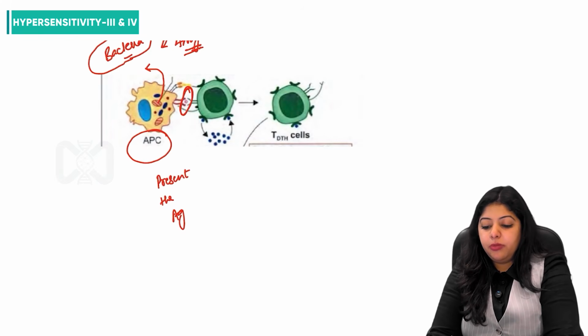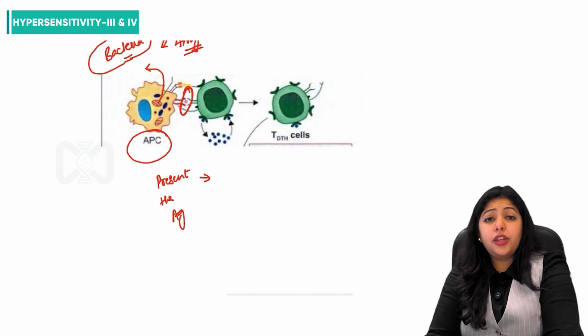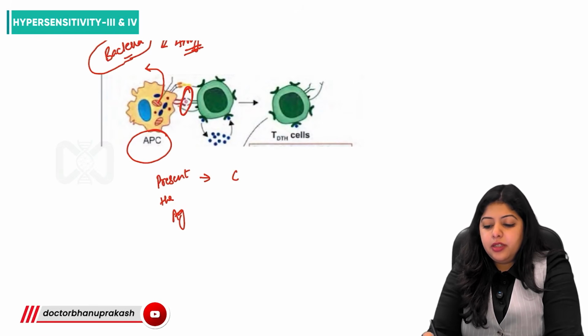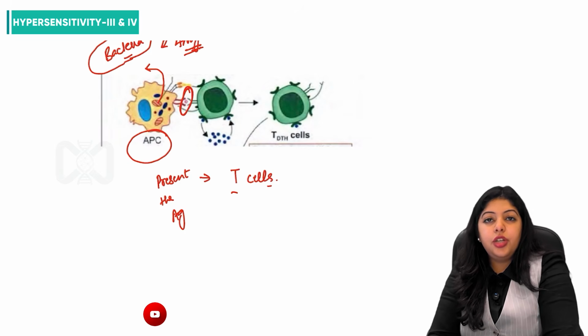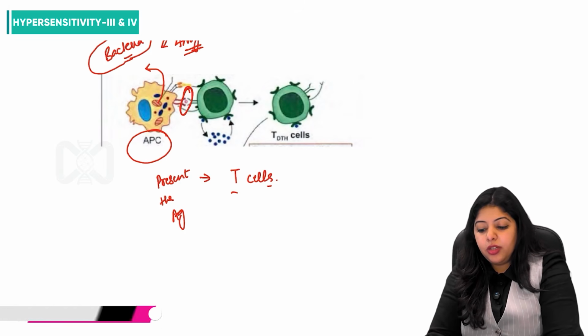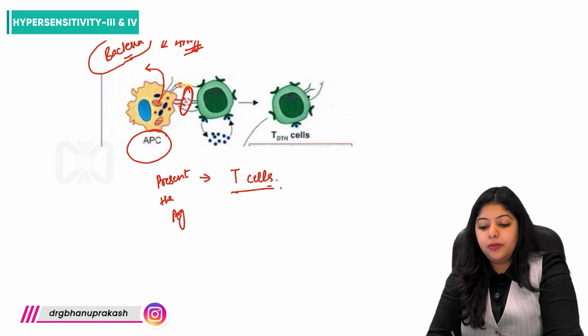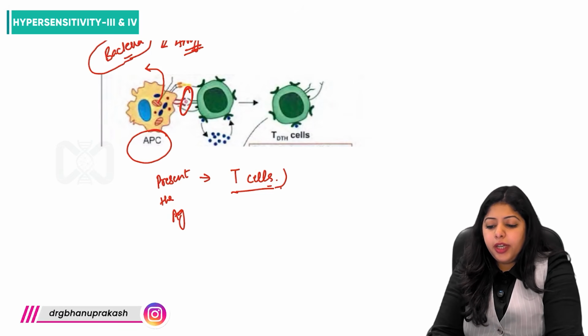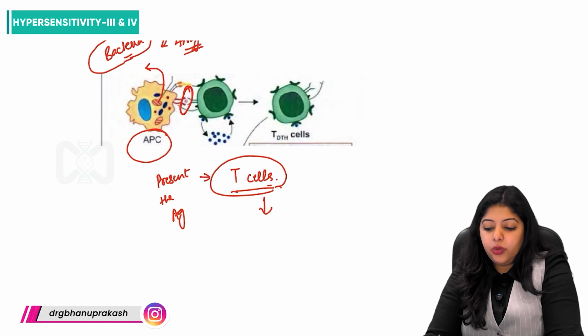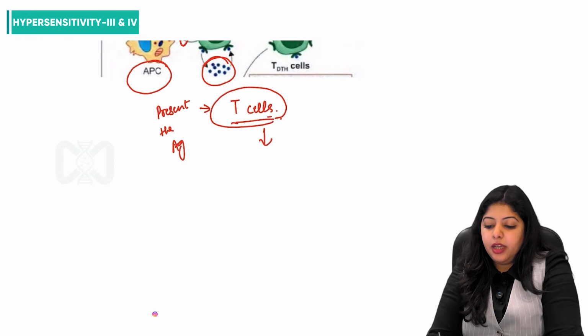Now there is going to be the interaction of the T helper cells, right? The antigen on the antigen presenting cell along with MHC molecules interacts with T cells, right? Now what happens after that? These T cells are going to release interleukin 2.